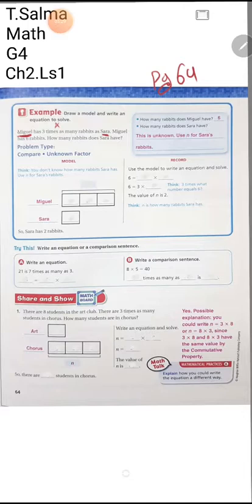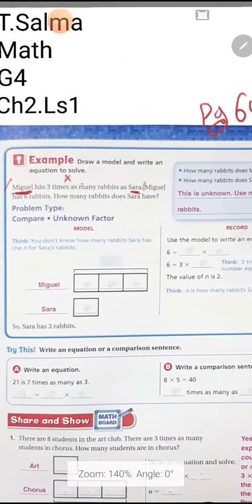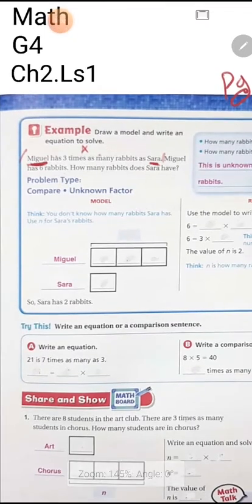In this sentence, I know that Michael has 3 times as many rabbits as Sarah. This sentence, I name it the comparison sentence.